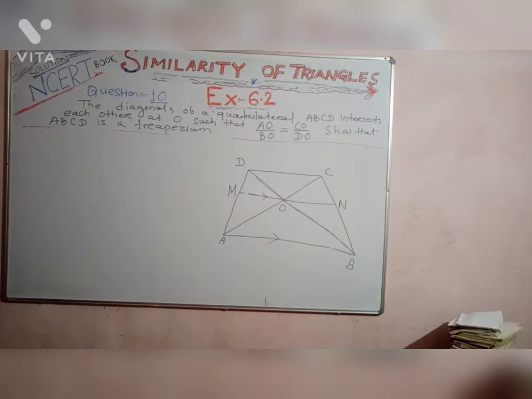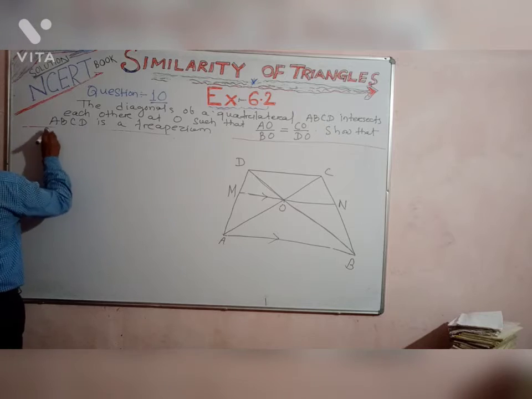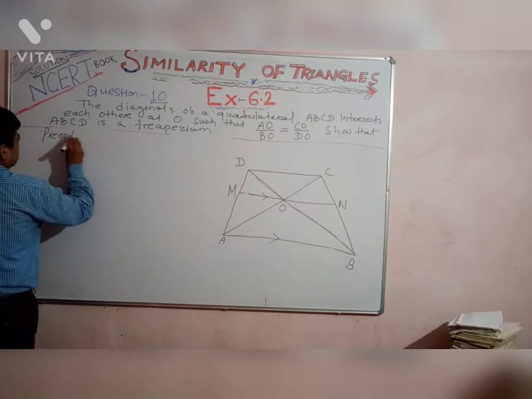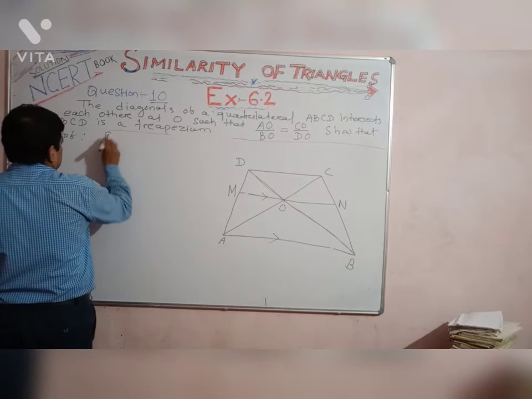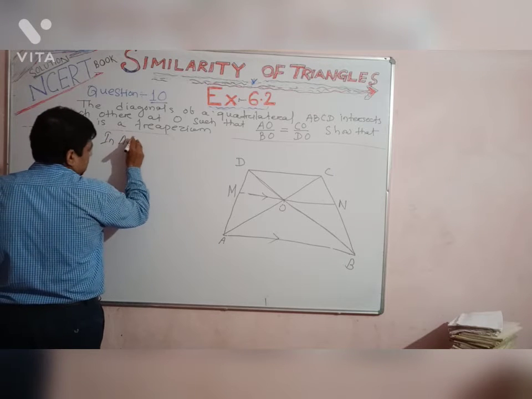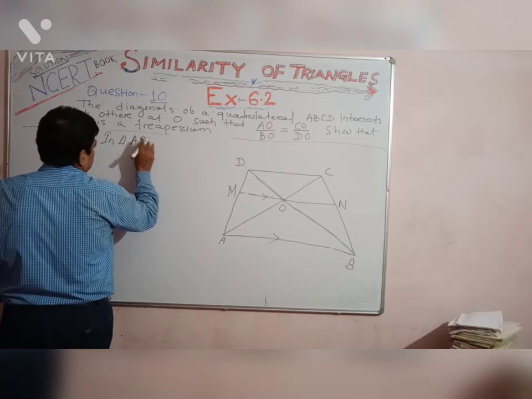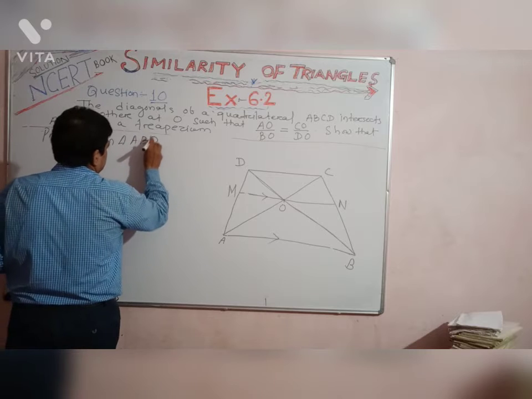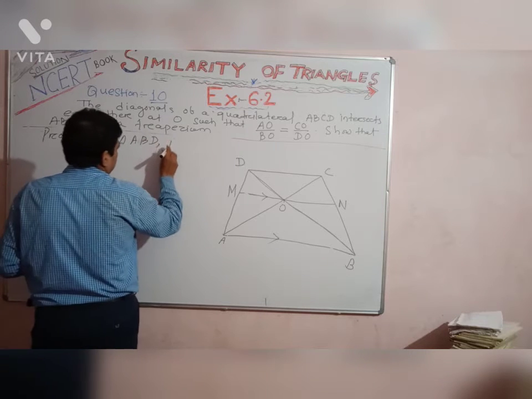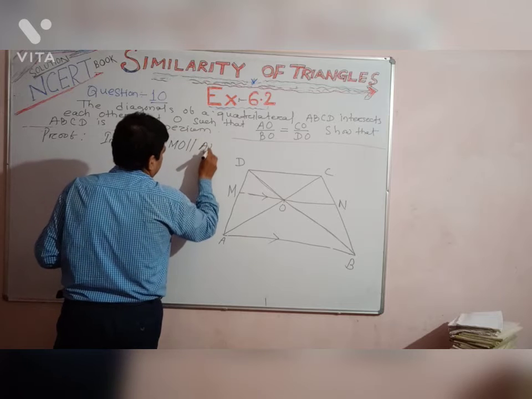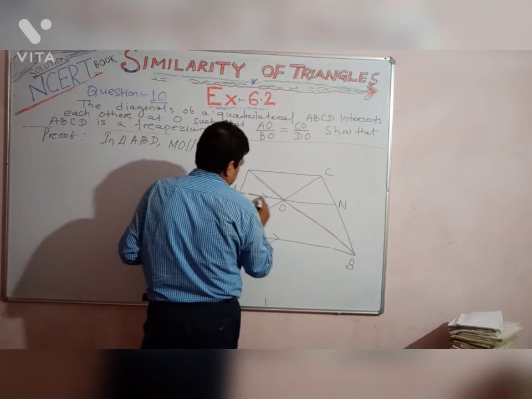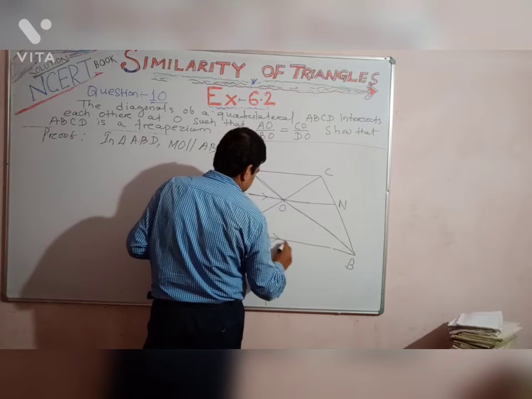Okay students, now let us see. Now see in triangle ABD, what are you finding? MO is parallel to AB. Why? Because as per the construction MN is parallel to AB, it has been constructed.